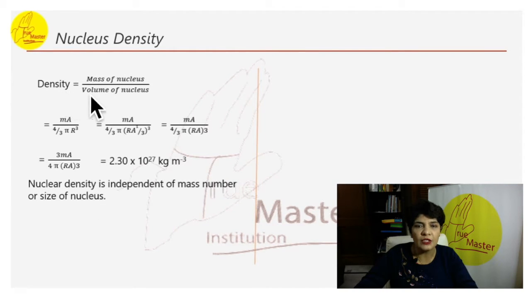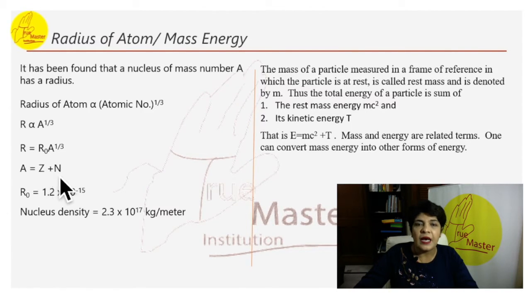Density is equal to mass of nucleus by volume of nucleus. So mass of nucleus we can write as m into A, and volume of nucleus we can write as 4 by 3 pi r cube. So here we know the value of A. The value of A is Z plus N, and the value of R is equal to R naught A to the power 1 by 3.